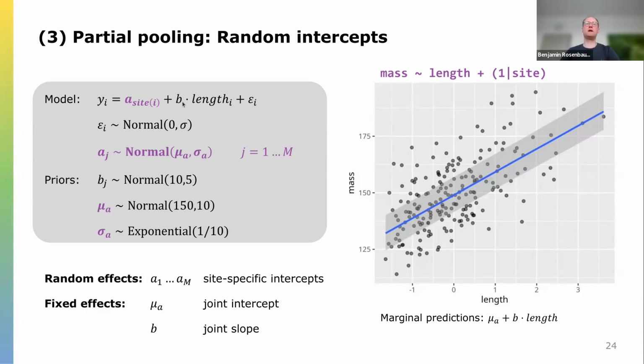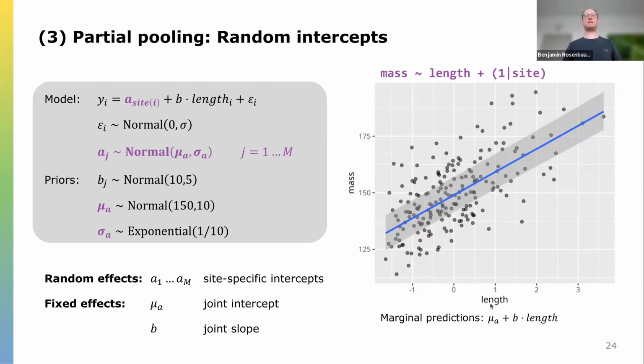The slope is the same for all of these regression lines. Here, length is a fixed effect. There's no random or hierarchical structure involved here. However, the intercepts per site are allowed to vary in this random effects framework. And we would say, okay, this is a random intercepts model to emphasize that we only allow the intercepts to vary, but not the effects, so not the slopes for the variable length.